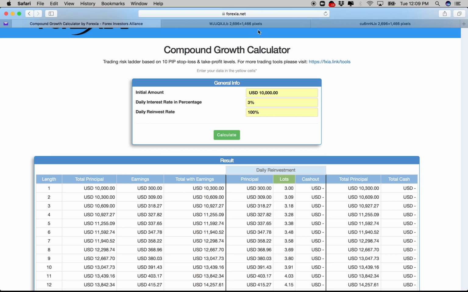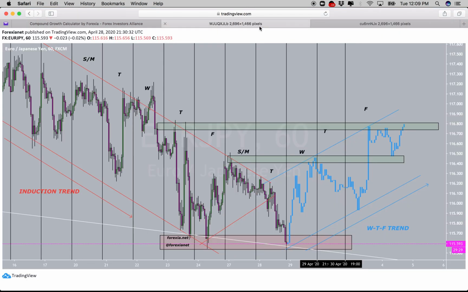Now, some people may say that's crazy, that's impossible. Well, here are some of the trades that we have taken. This trade was taken April 29th of 2020. This is our signature trade on a macro level on Euro JPY 60-minute time frame.